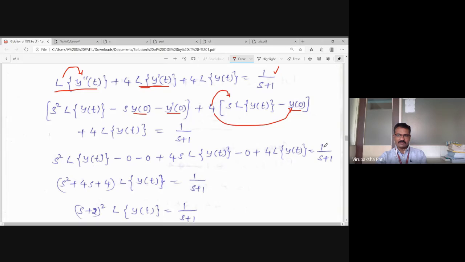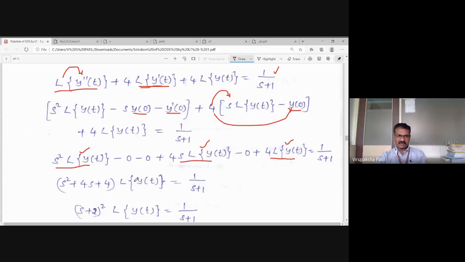On the right side, 1 divided by s plus 1, keep that as it is. Now observe these terms. From all these terms, let us take L of y of t common.